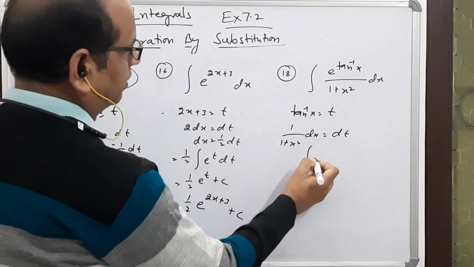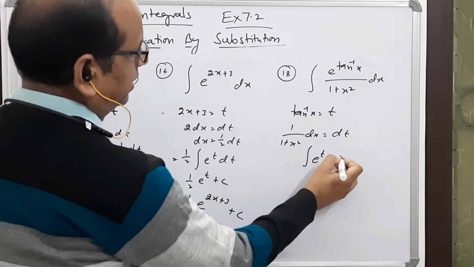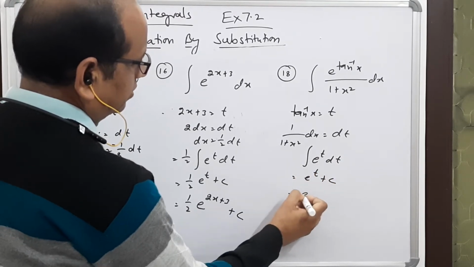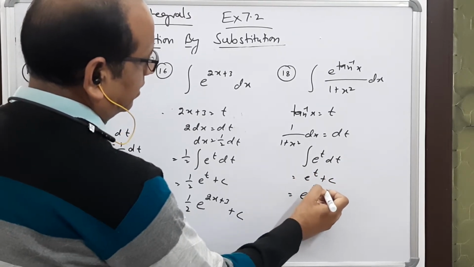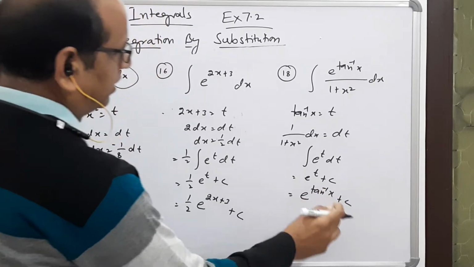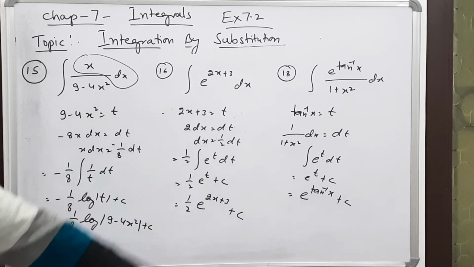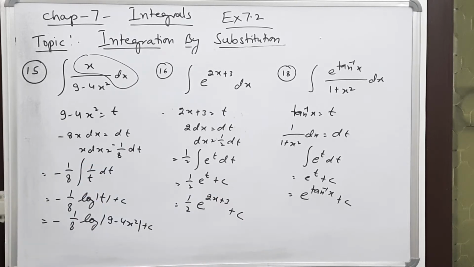So in this way, it will be e power t dt. And the answer is e power t plus c. So answer is e power tan inverse x, we are putting the value of t again. So in this way, we can proceed for the integration.